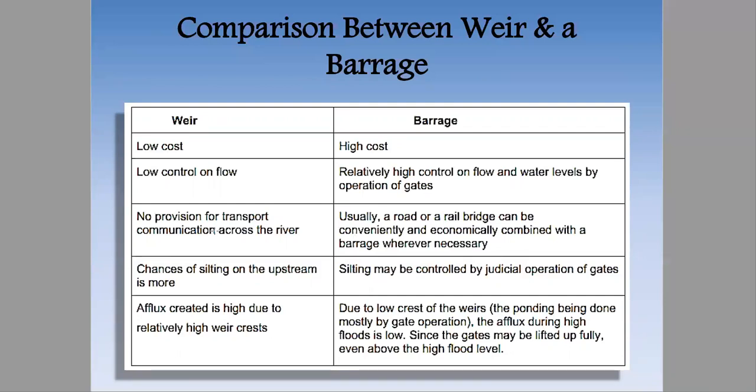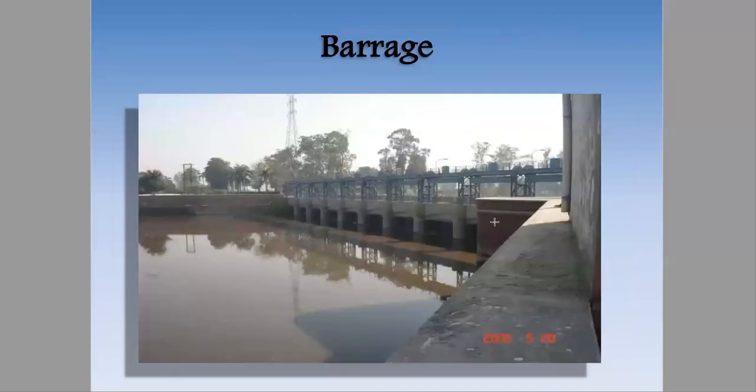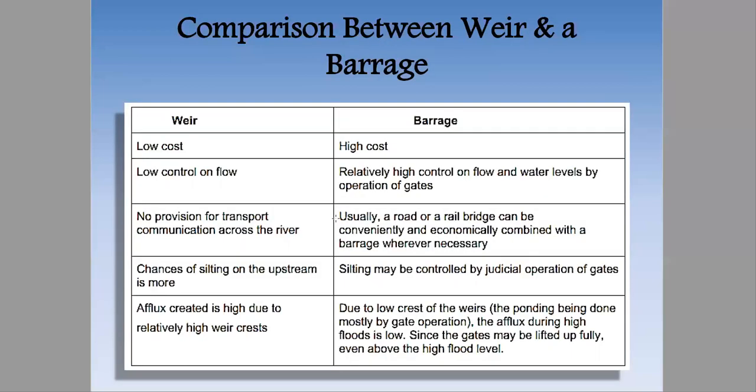Means in the case of a weir, we don't allow a road just above the structure. But in the case of a barrage, they can be combined, and this is convenient as well as economical. Okay, we can allow a road bridge that passes just above the barrage.